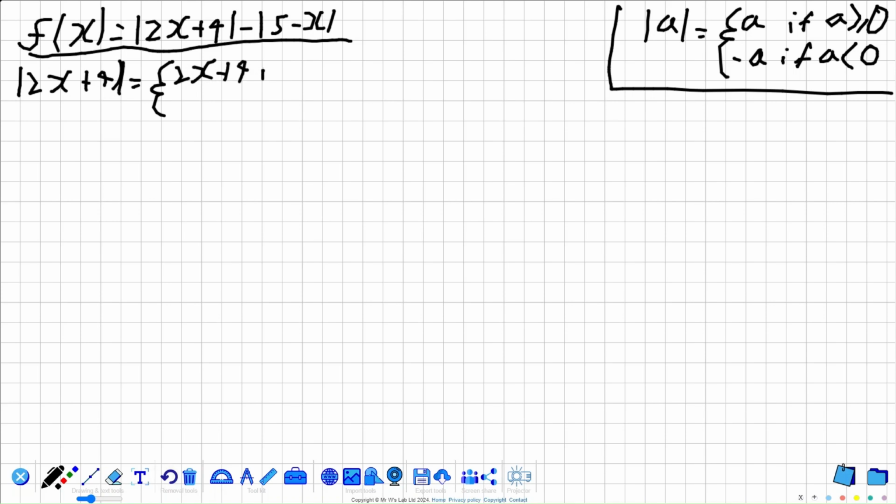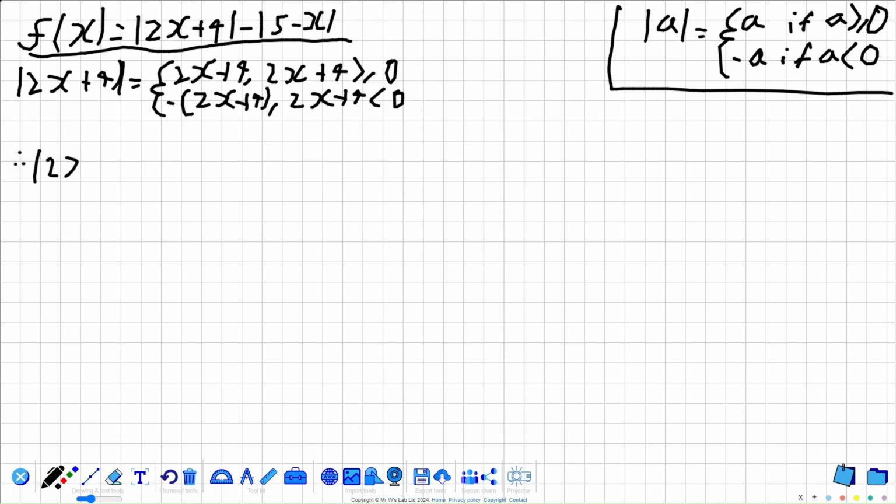Instead of doing if, I'll just do a comma to try and fit things in better, where 2x + 4 is more than or equal to 0, and then -(2x + 4) where that's less than 0.